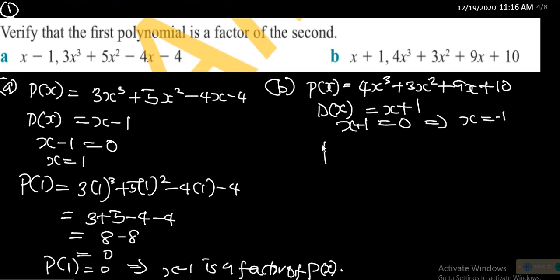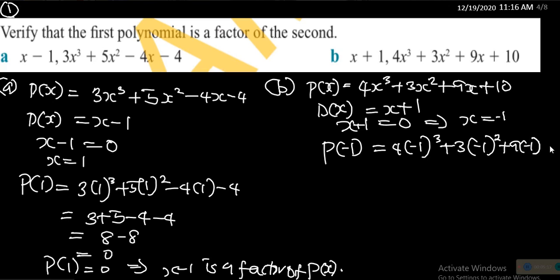So now let's find p of minus 1. Substitute minus 1 for x in p of x, and we have 4 times minus 1 raised to the power 3 plus 3 times minus 1 squared plus 9 times minus 1 plus 10, which is minus 4 plus 3 minus 9 plus 10.